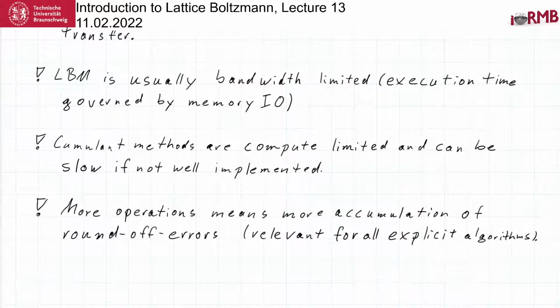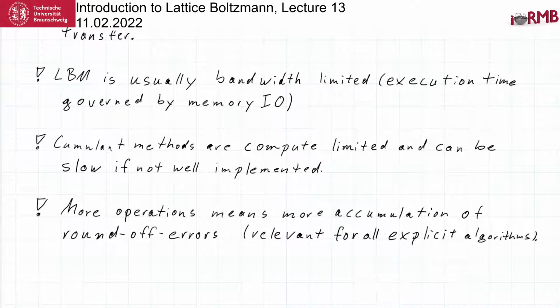And this is something that is relevant for all explicit methods. It's not relevant for, or not so relevant for implicit methods, because implicit methods use iteration to reduce their residual, and during these iterations, the round-off errors from the previous iteration will be partly eliminated.